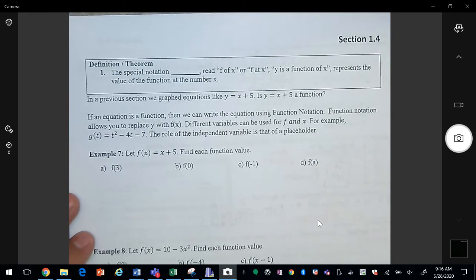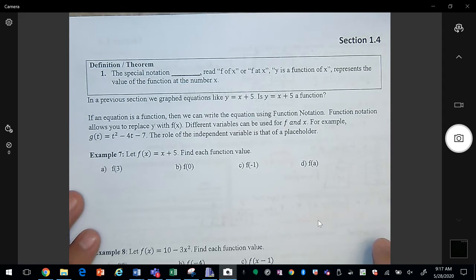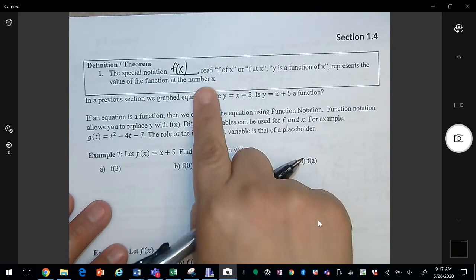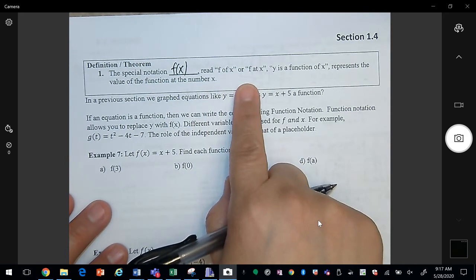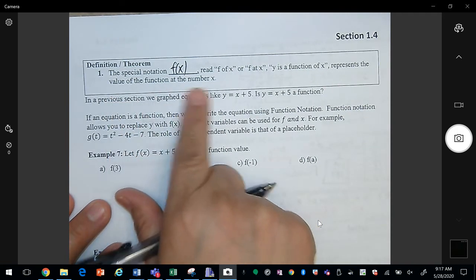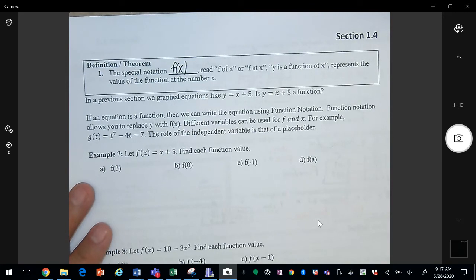Okay, the next part of this section is to evaluate what we call the functions. So the special notation f of x is read as f of x or f at x. y is a function of x, represents the value of the function at the number x. So basically, f of x is like a nickname that is given to y.